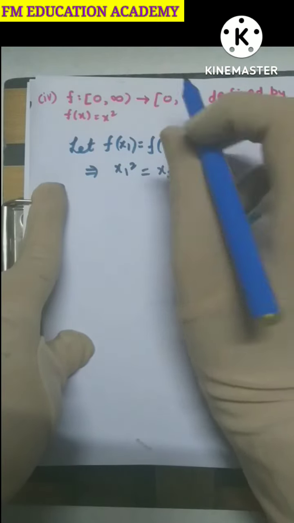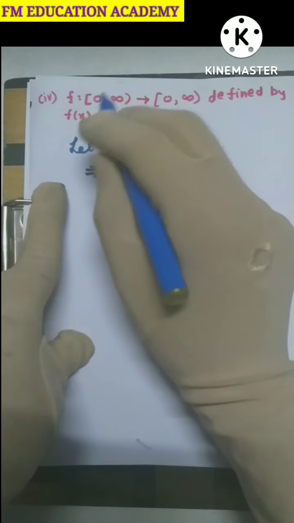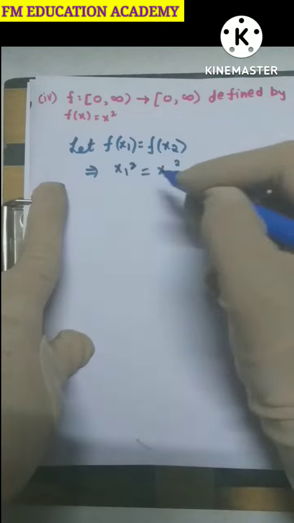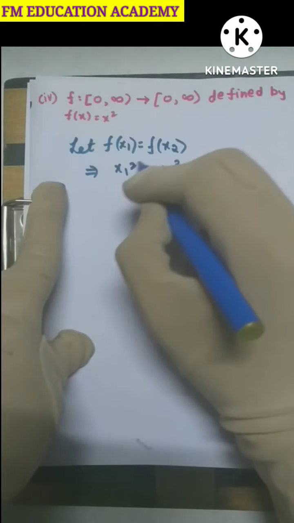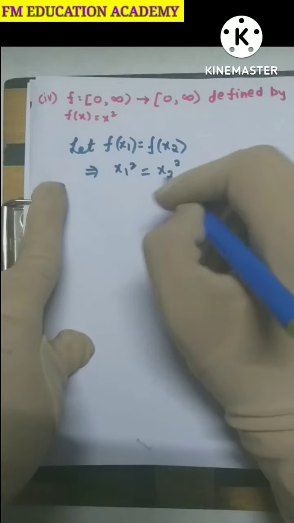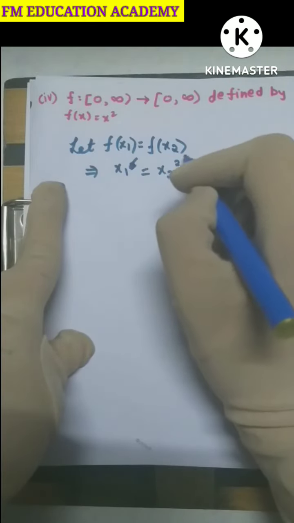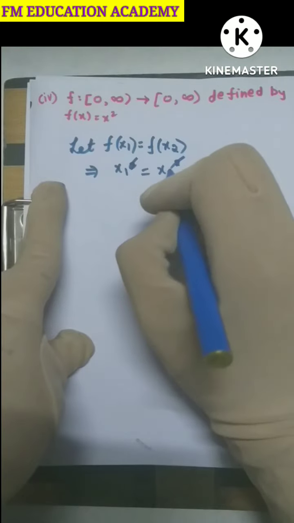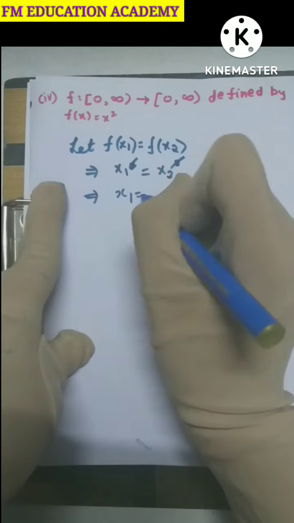And what is f of x2? x2 square. Now since they are positive values, 0 comma infinity, we know if we do 2 square it will be 4, 3 square it will be 9. That is, we'll get positive values. So even if we send the square across, that side becomes positive only, right? So here the square will get cancelled, because we know that if bases are same, powers are also equal. So here we got x1 is equal to x2.